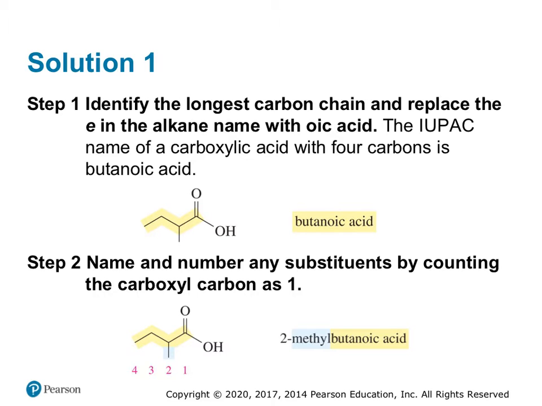So looking for the longest chain, that is butane, so that's 4 carbons, and we change the name to oic acid, so butanoic acid. And then carbon number 1 here, carbon number 2 would be where the methyl group is located, so it would be 2-methylbutanoic acid.